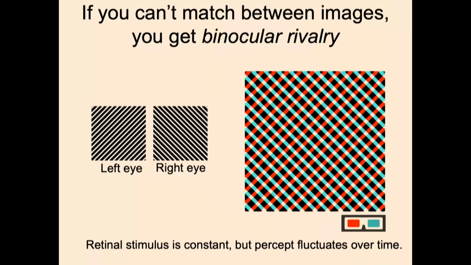All right, so another pretty cool and important phenomenon that's related to binocular vision occurs when you can't match the images between the two eyes. If the two images in the two eyes are too different, you get what is called binocular rivalry. Hopefully the projector is good enough for us to see this.